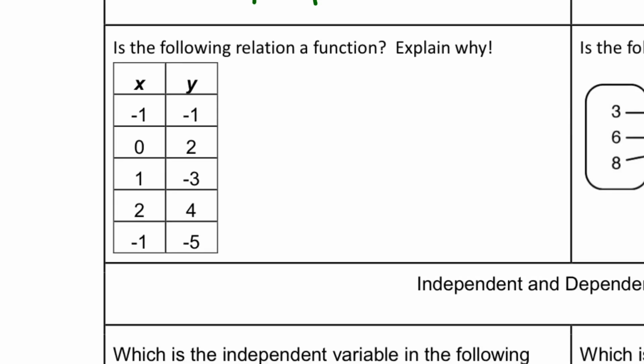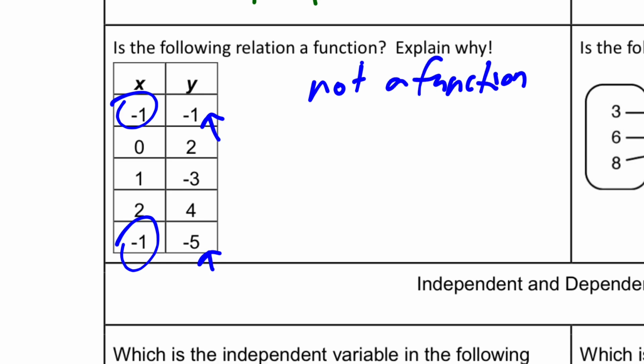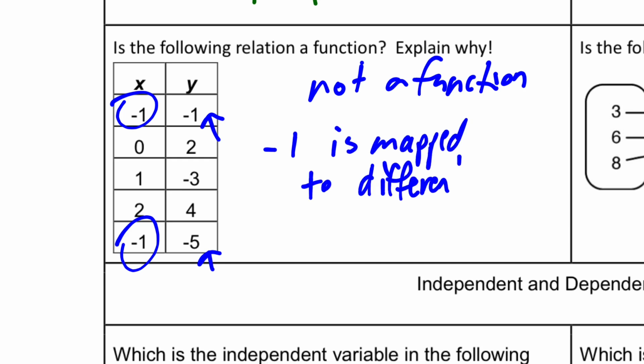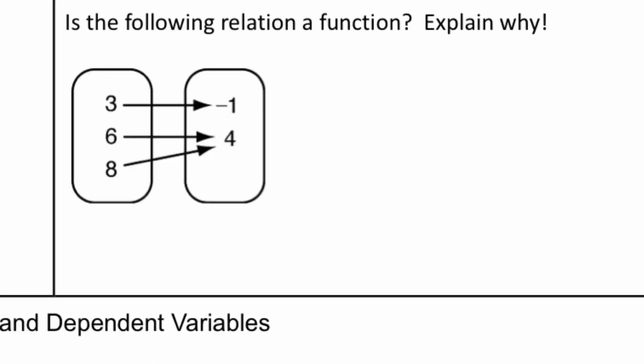We look at the x values. -1 repeats, and they have different y values, so not a function. If you wanted to answer why, you could say -1 is mapped to different y values. And if it was truly a function, it would be the same every time. This one is a function.